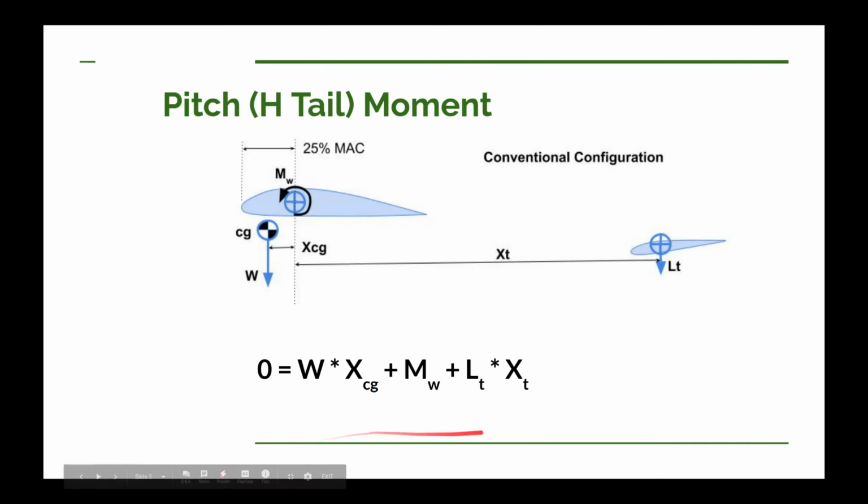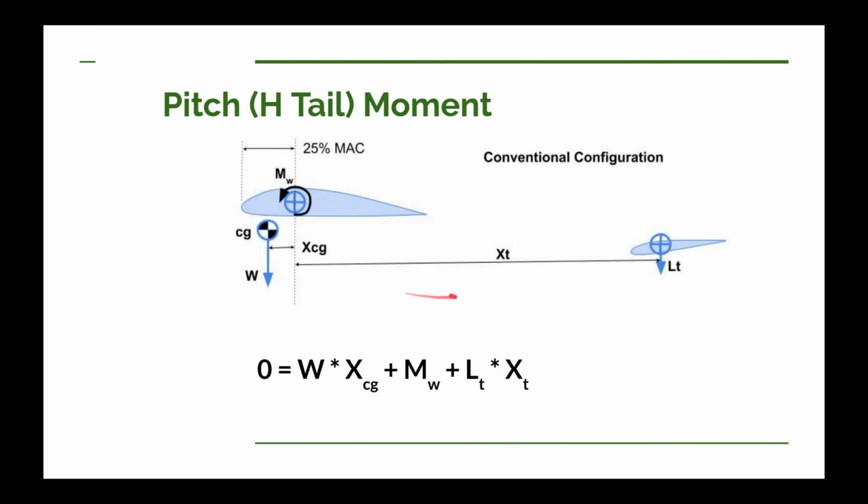Now this equation is telling us that when we are in a stable flight condition, you add all these terms up, and these are pitching terms, where the CG typically is trying to pitch down if it's in front of the neutral point, which we didn't draw here. And the wing pitching moment is trying to pitch down. And then the tail is trying to counteract that.